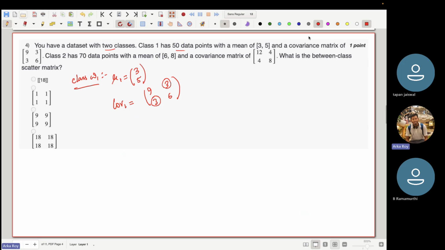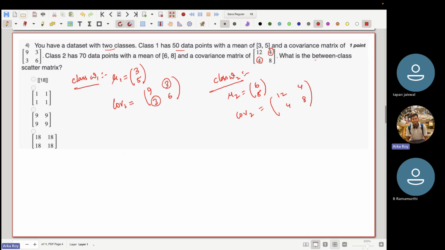For class 2 as well, the covariance matrix is symmetric. It is a property of the covariance matrix that it has to be symmetric. So class omega 2 has mu 6, 8 and the covariance matrix is 12, 4, 4, 8.